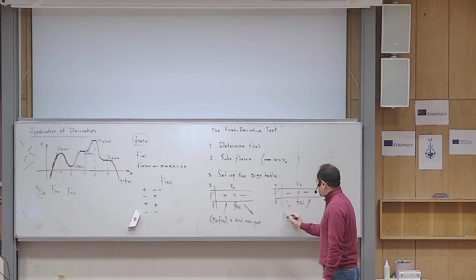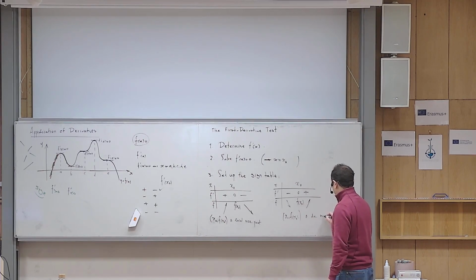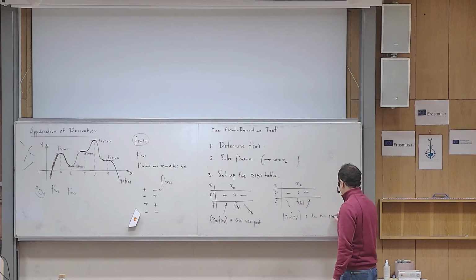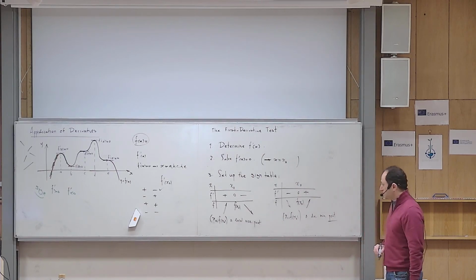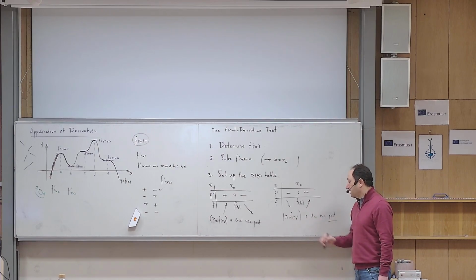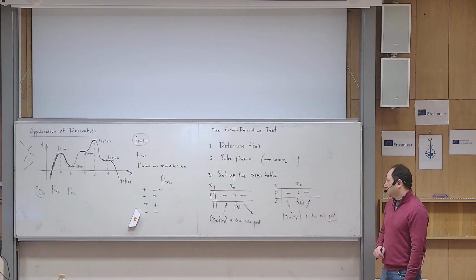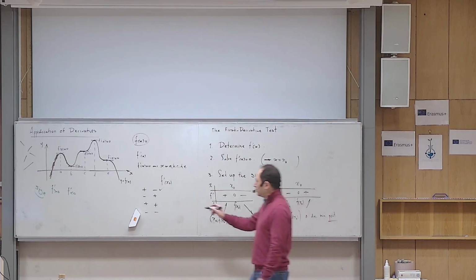This means that x naught and f of x naught is a local minimum point. Let me also emphasize here the word point. When we say point, it means that I should have x coordinate and y coordinate together. But there are 2 other possibilities, so this is also checked.